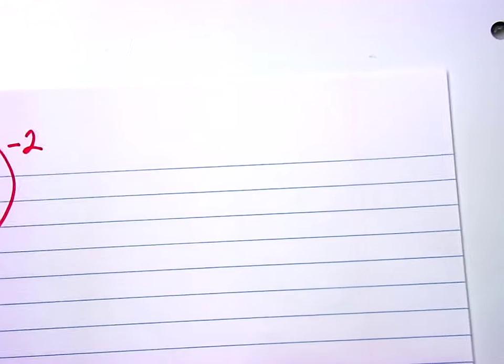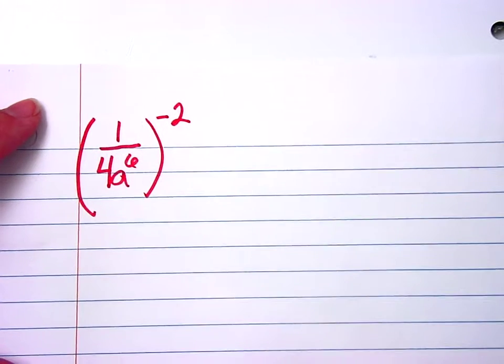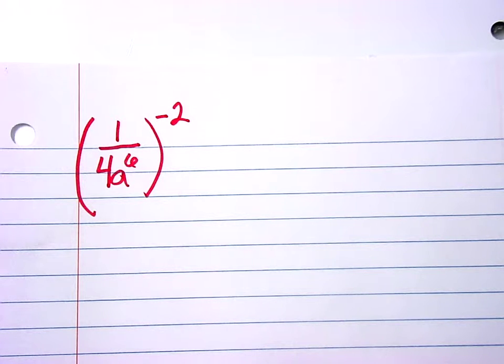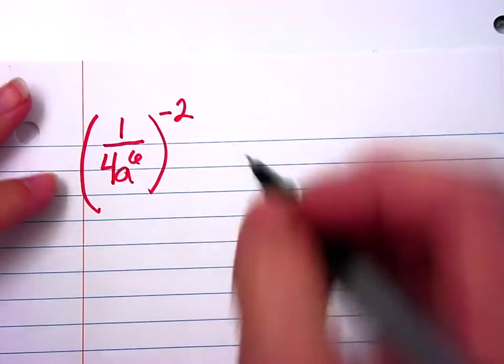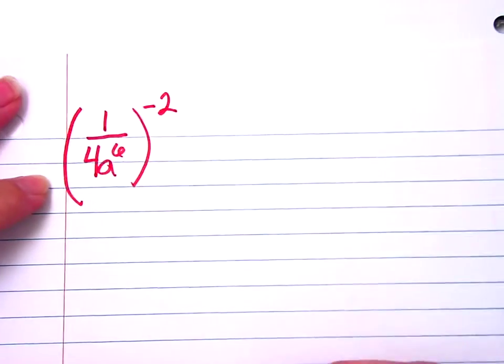Okay. Next problem we have, inside parentheses 1 over 4 a to the power of 6, and all of that is raised to the power of negative 2. So inside the parentheses, I want to see if I can simplify, which this problem I can't. So I'm going to distribute this negative 2.